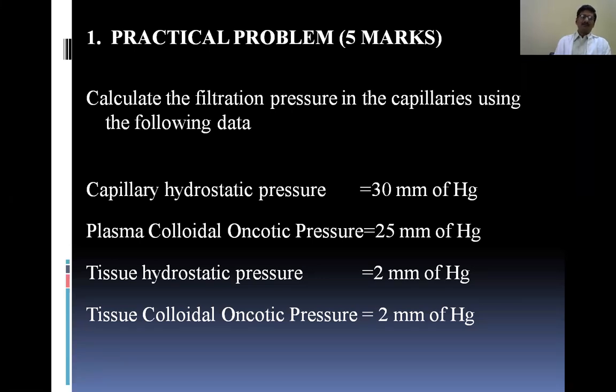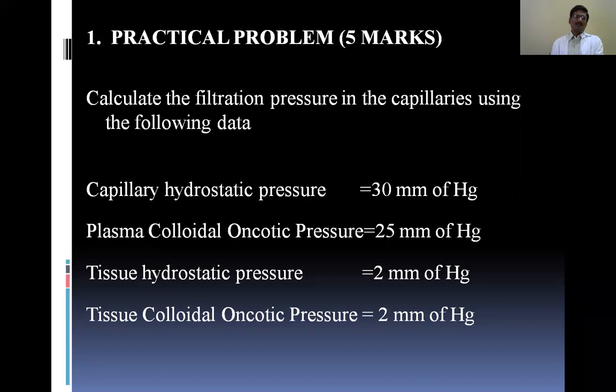On the other hand, the colloidal osmotic pressure is normally exerted by the plasma proteins, more so by albumin and other proteins. They try to attract water, so they oppose filtration. In order to calculate the filtration pressure, the formula is: filtration pressure equals forces favoring filtration minus forces opposing filtration.